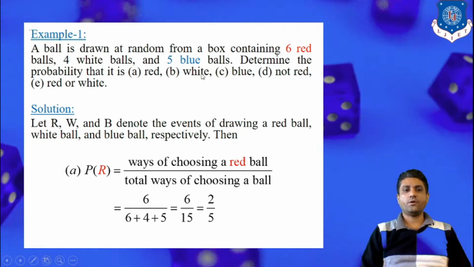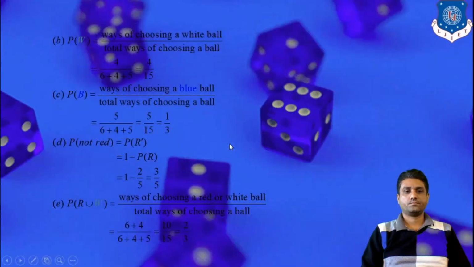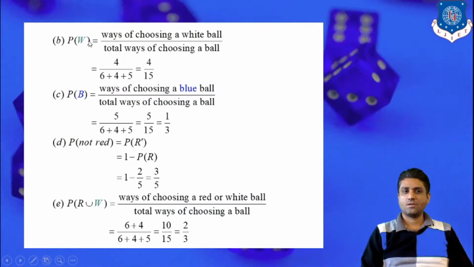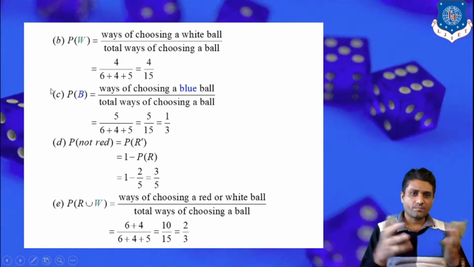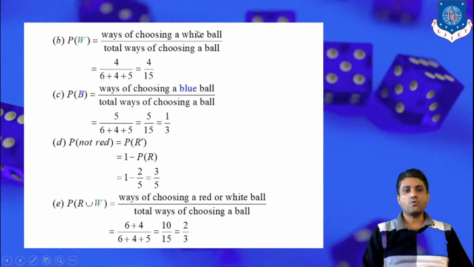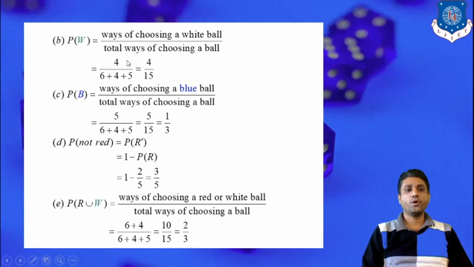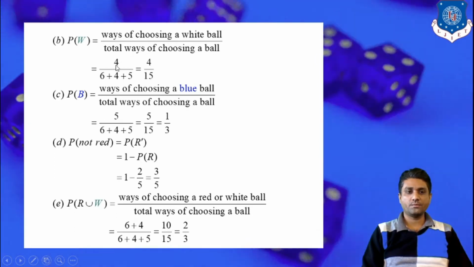Let's see the second option, that is, the probability of getting a white ball. The formulation is the same. Our favorable outcome is getting a white ball and the denominator is the total number of balls. We know that the box contains 4 white balls.